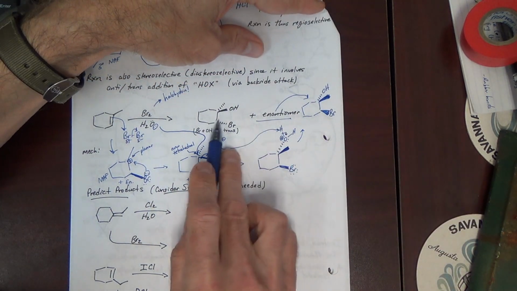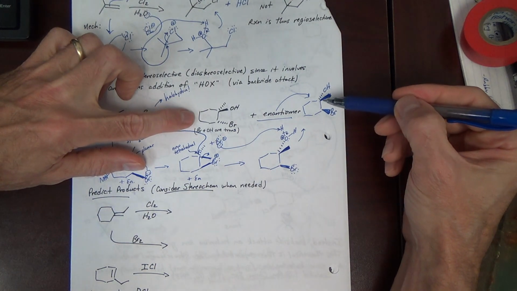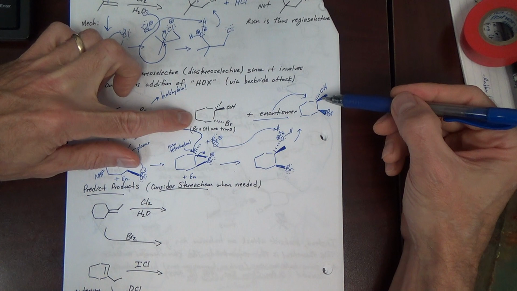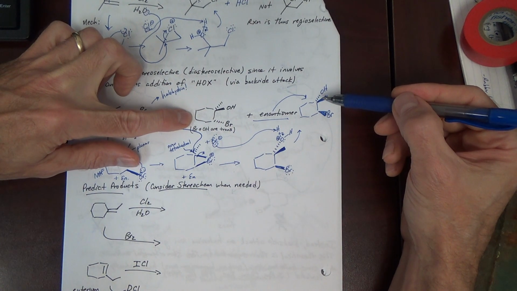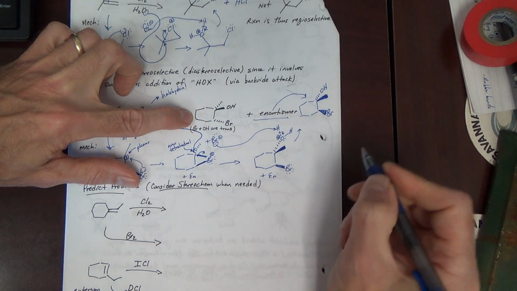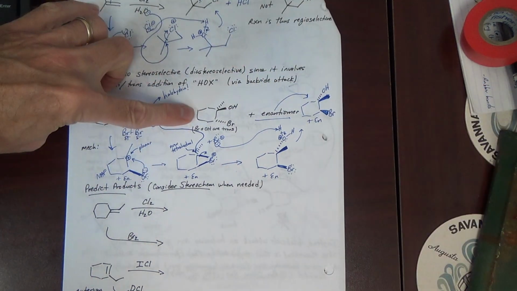Now this is the enantiomer that I told you about. These two are enantiomers. The enantiomers are where everything is switched. Plus enantiomer. The enantiomer of this is this.